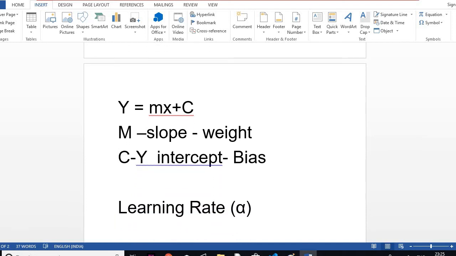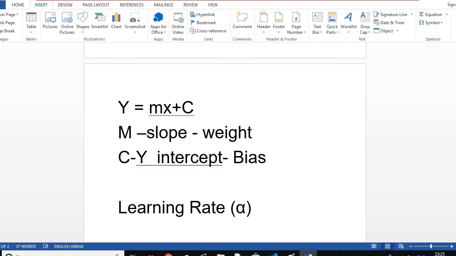In neural networks, we discuss activation function, weight and bias, so you can get more ideas in terms of neural networks. We need to get into more details, but here our discussion is limited to the gradient descent algorithm.